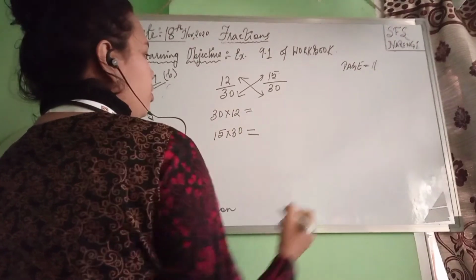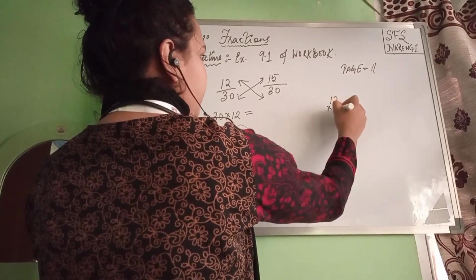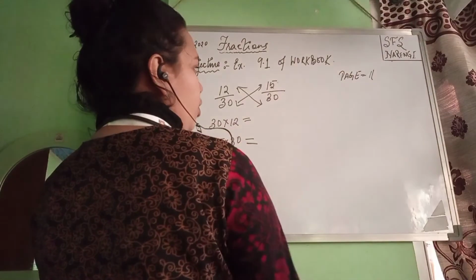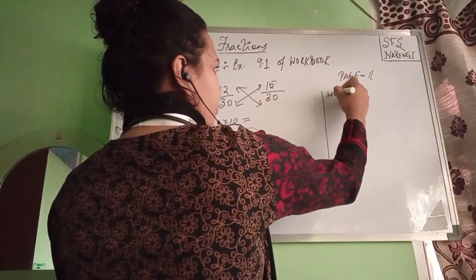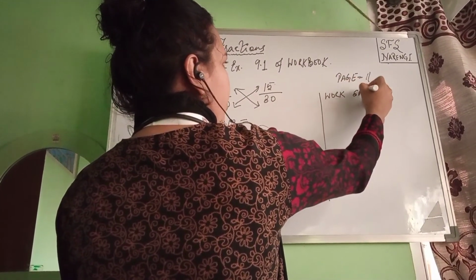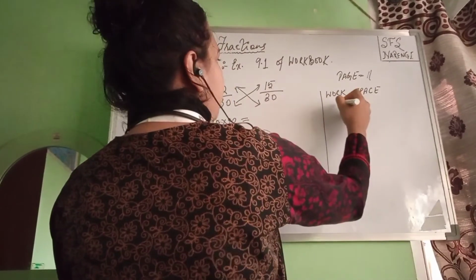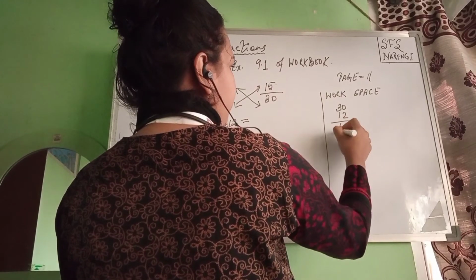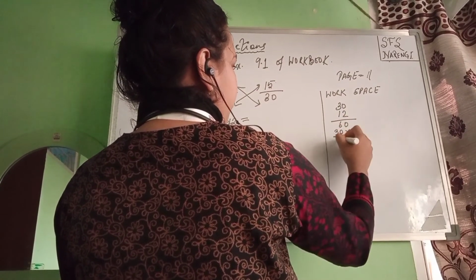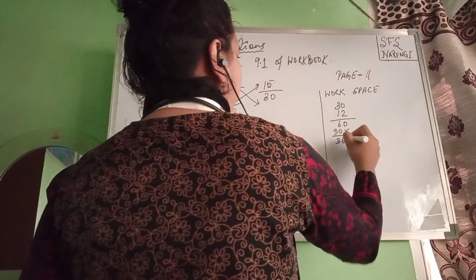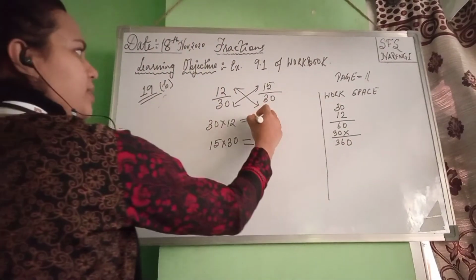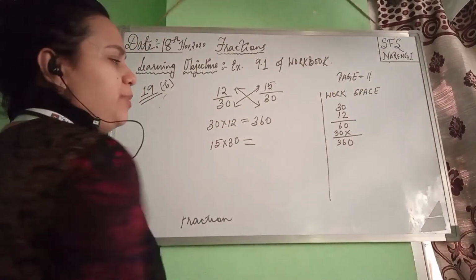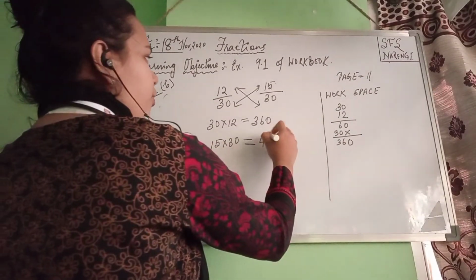Okay, children? So 12 into 30, you can always make a workspace and then multiply 30 with 12. So what do you get? Alright, so 12 into 30 is 360, right? And 15 into 30, if you multiply it, you will get 450.